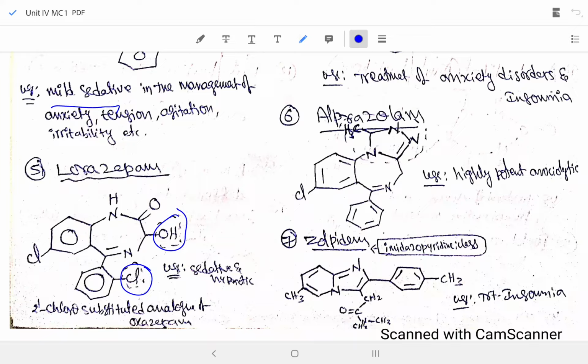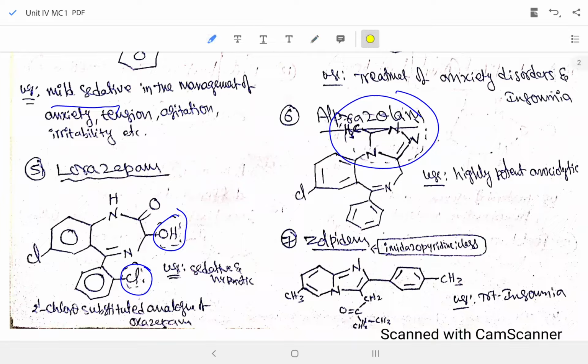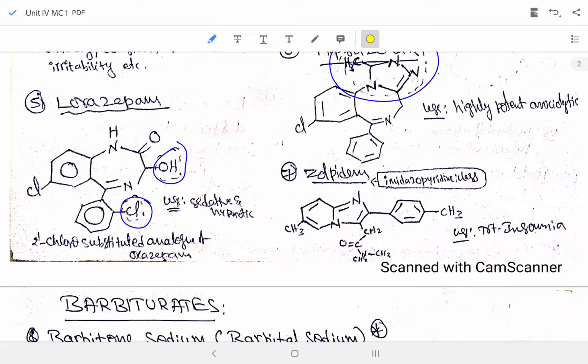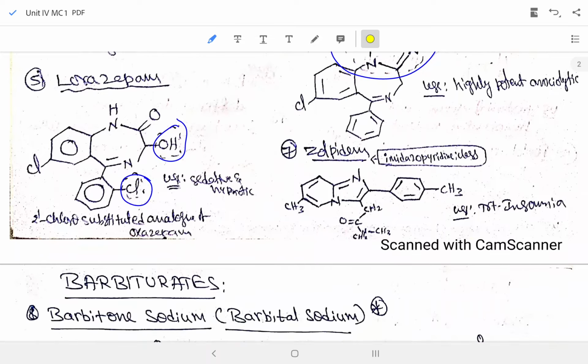Okay, N1. This is the structure of alprazolam, and you have to remember the differences, and you need to practice. And the zolpidem structure is altogether somewhat different from the earlier diazepams. Zolpidem has an imidazopyridine ring. Where is imidazole?